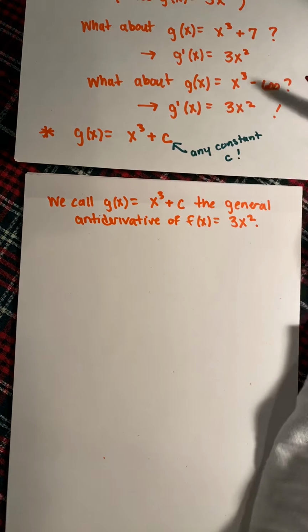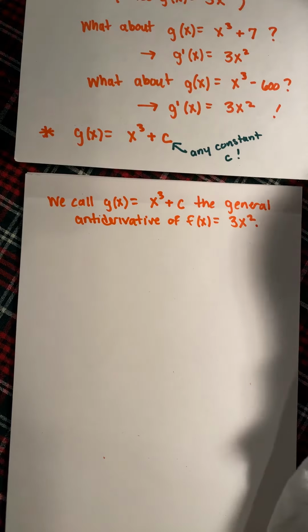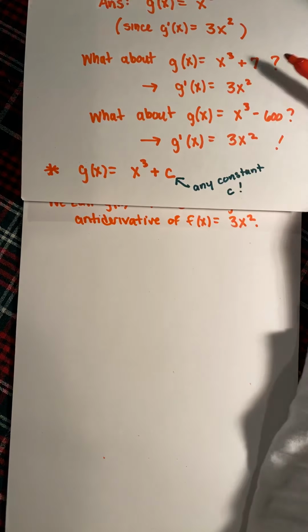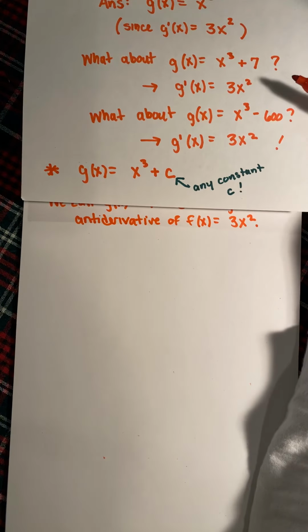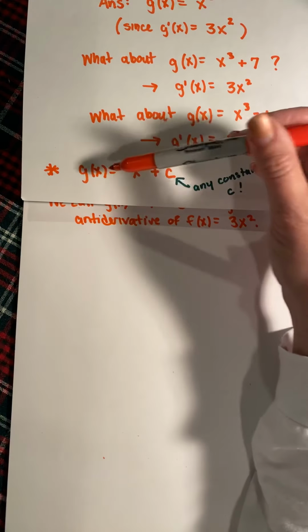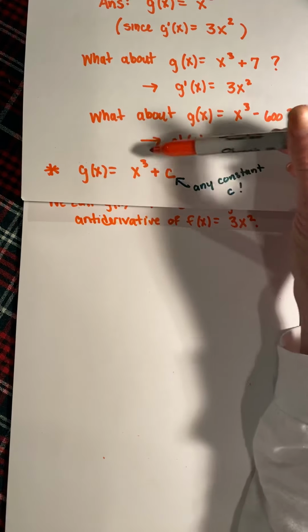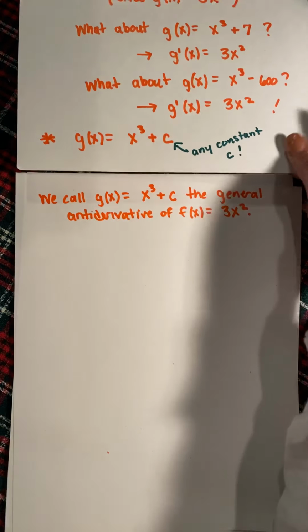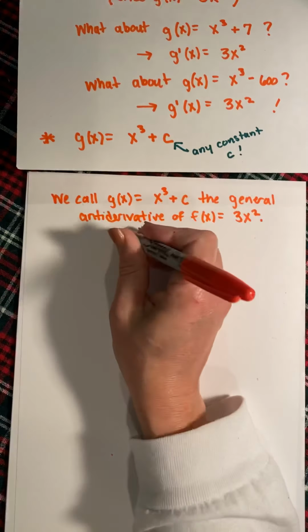Answers like g of x equals x cubed minus 600 or g of x equals x cubed plus 7 are called particular antiderivatives. They're part of this infinite collection of functions, or this family of functions, g of x equals x cubed plus c. So let me write that here.